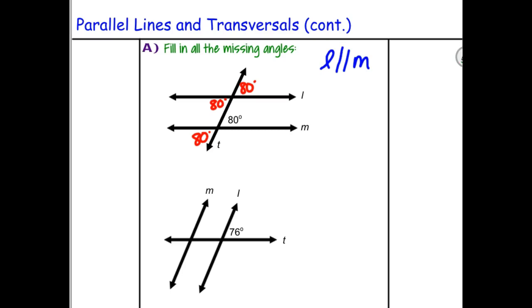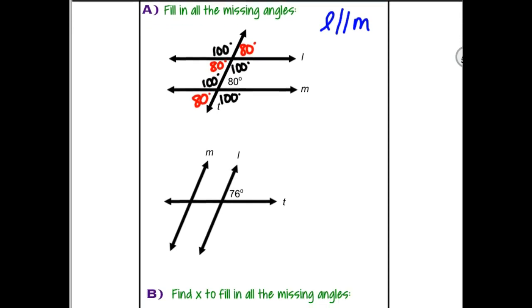That also tells me that because same side interior is supplementary, this one's going to be 100. And then we can go back to alternate interior angles, corresponding angles, and alternate exterior angles all being the same. So I want you to go ahead and try this one, and then we'll check back in a second.